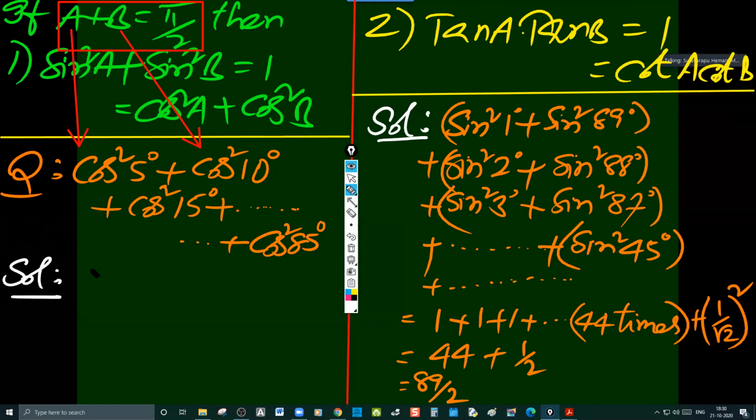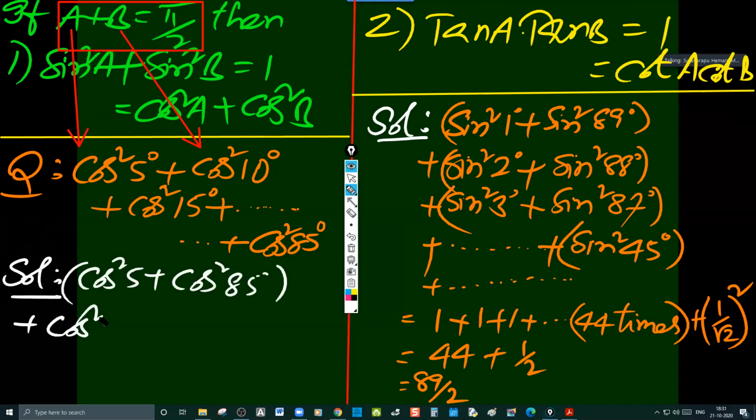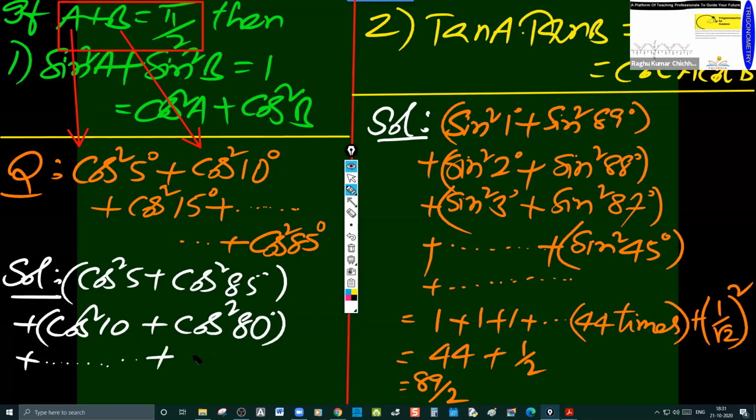So by pairing them, we get cos square 5 plus cos square 85 in one bracket, plus cos square 10 plus cos square 80 in another bracket, plus cos square 15 plus cos square 75 in another bracket, and so on and so forth. And you get cos square 45 as extra. That's the bachelor.